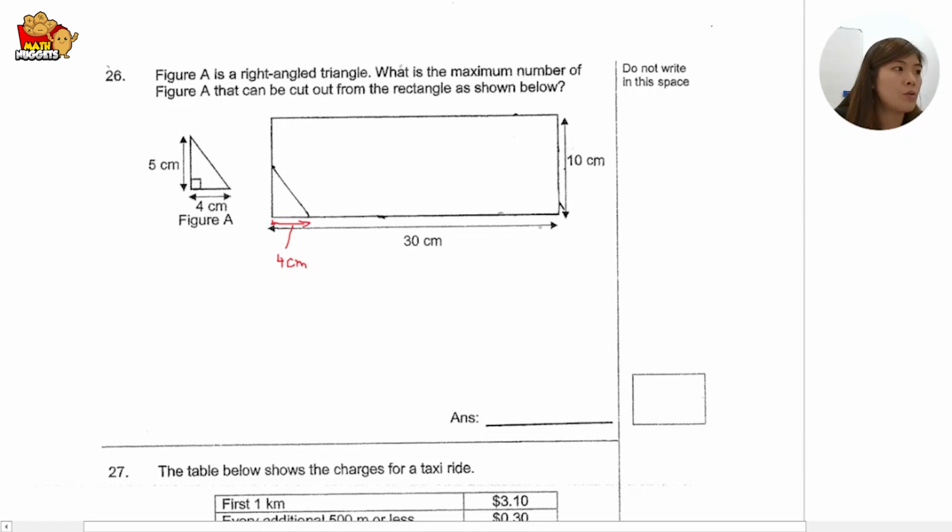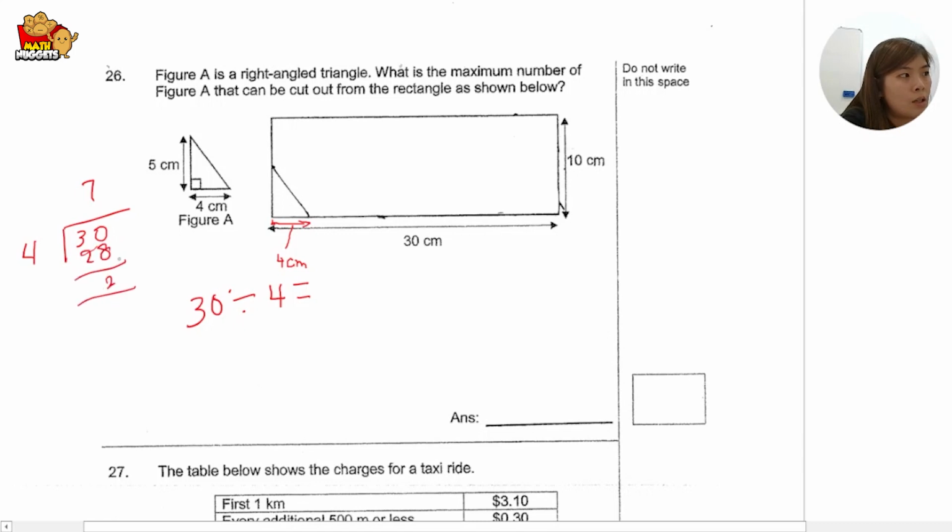To do that, first we need to take 30 divided by 4. 30 divided by 4 gives us 7 remainder 2, so about 7 sets here.